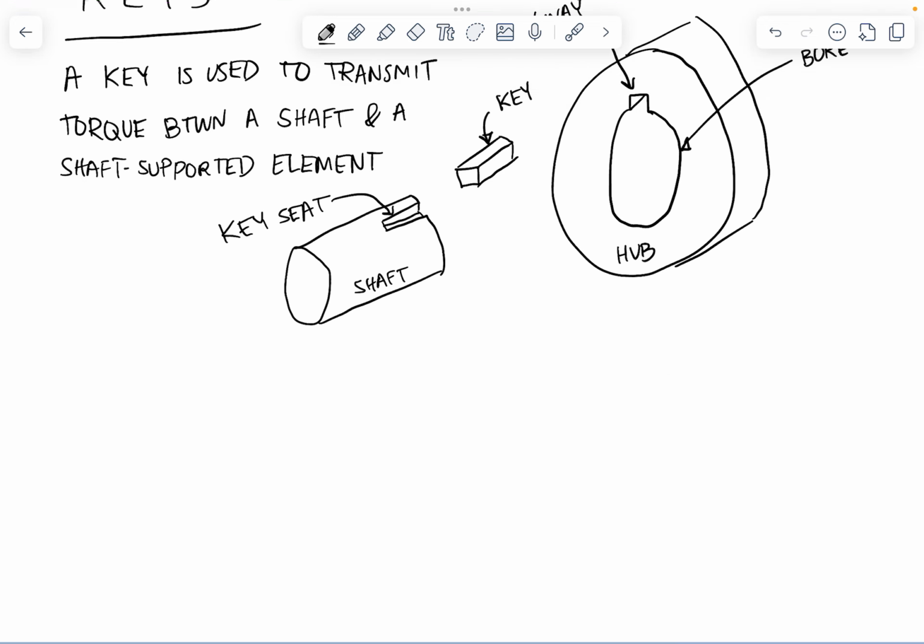All right, so when we're designing a keyed shaft, we have to consider stress concentration factors.